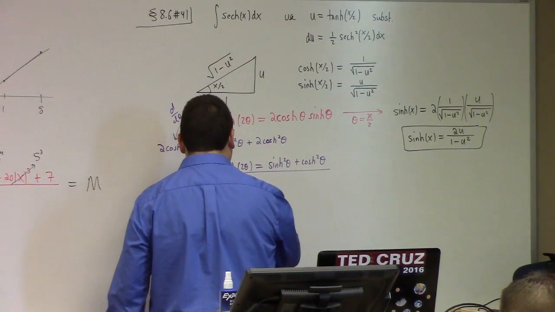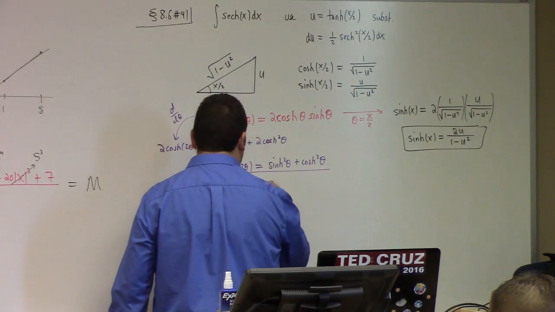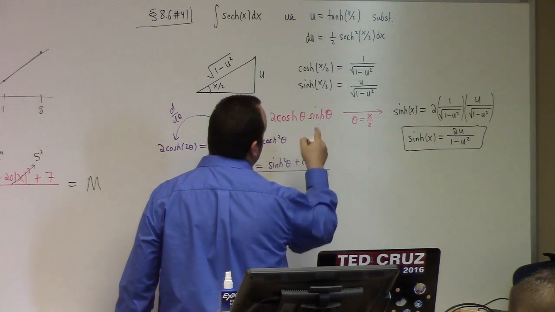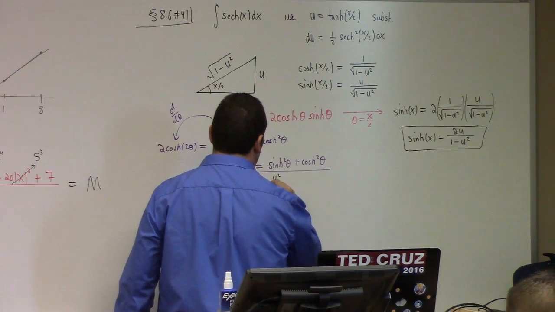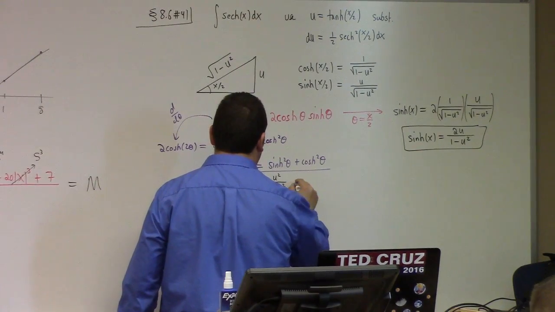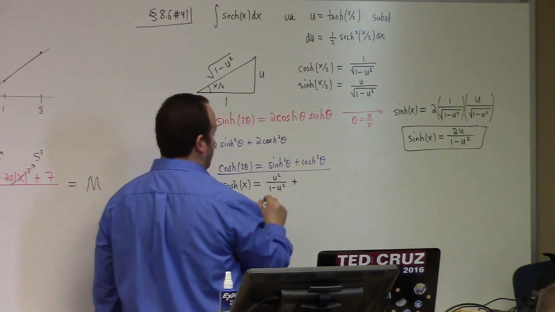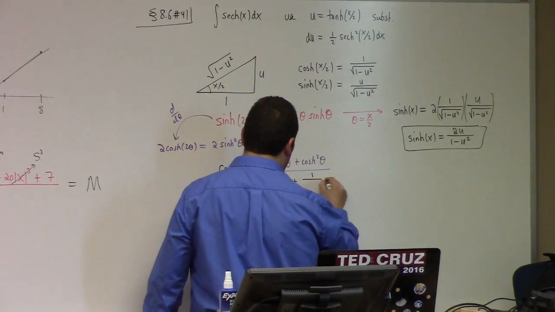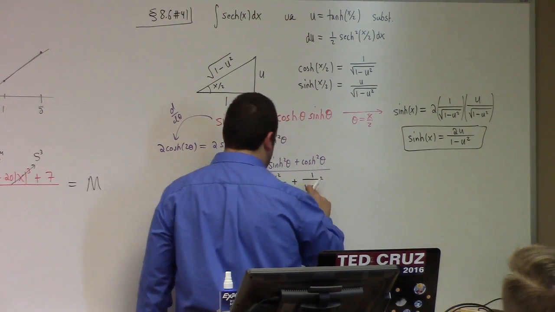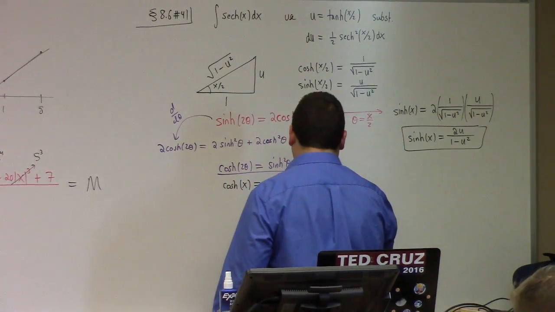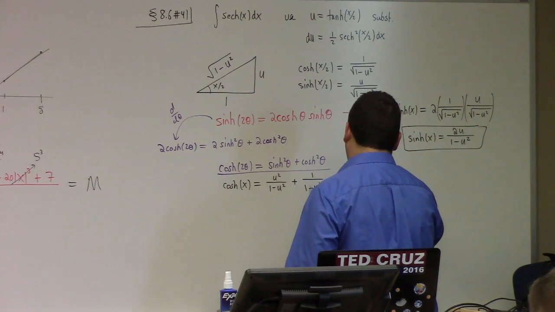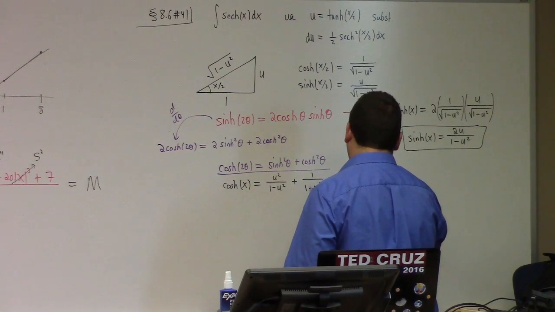So cos x is equal to what? u squared over 1 minus u squared, right? Plus what? 1 over 1 minus u squared, right? So what do we got? We've got ourselves u squared plus 1 over 1 minus u squared.